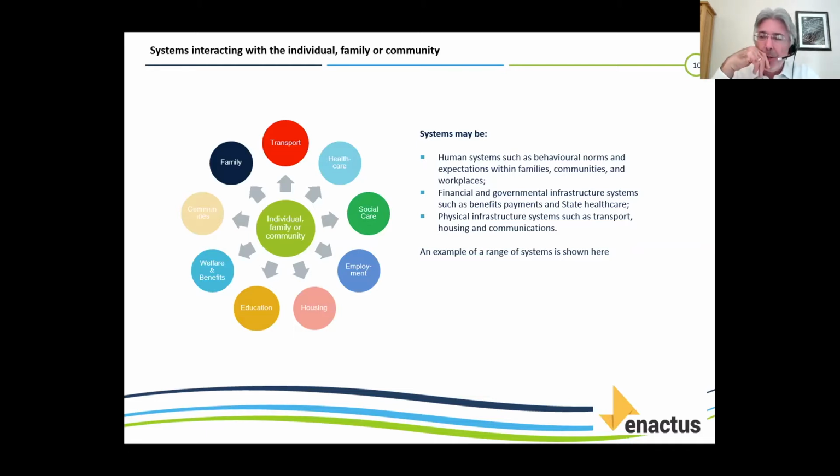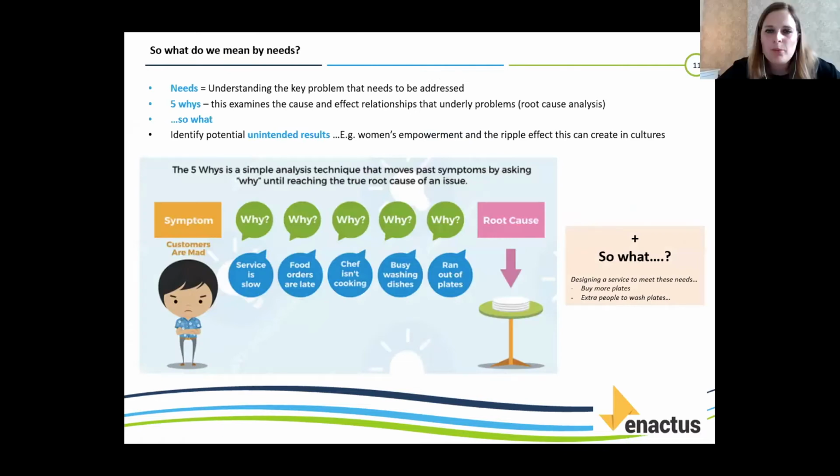Ali, over to you. So what do we mean by needs? When we're talking about needs, we're looking at the people or the situation you're trying to help, and we're trying to understand the key problem there that needs to be addressed. One of the ways you might do this is by looking at something called the 5 whys approach.